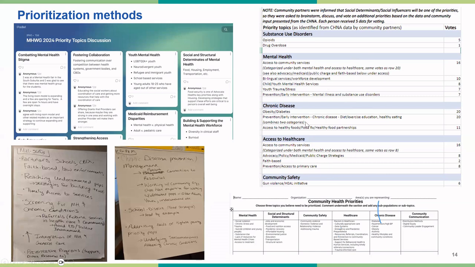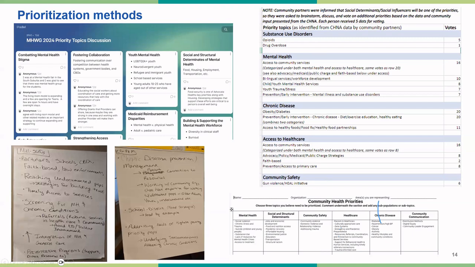The spreadsheet shows they were given 5 dots for voting, and these are the results of that voting process. Here's another one that we've used. This template is available in the SharePoint.